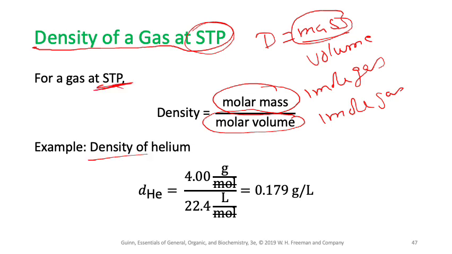So let's take an example, density of helium. Helium has a molar mass of 4 grams per mole, and the molar volume is 22.4 liter per mole. Why? Because we are taking a molar volume, 1 mole of a gas. So mole will get cancelled, and you will get 0.179 grams per liter. So the density of helium at STP is 0.179 grams per liter. So this is how you can get the density at STP.